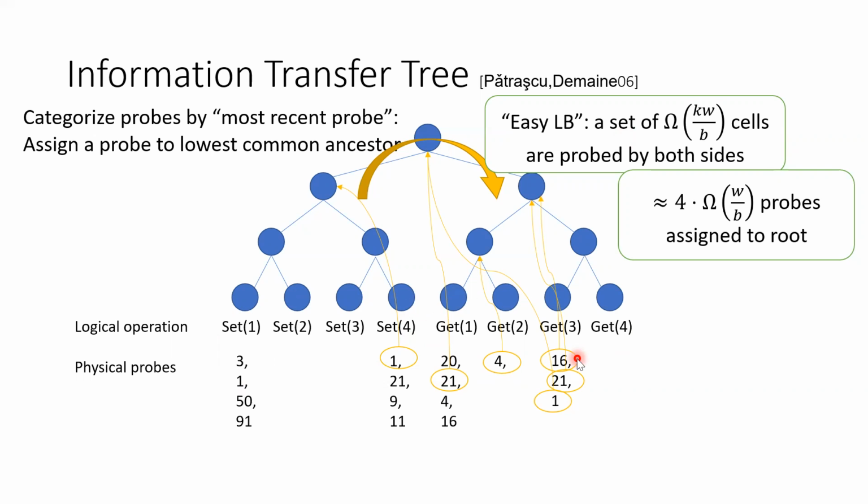Of course we also do some other assignments that are not assigned to the root node, but we will use them next. Here, focus on the root node. We already have a lower bound on the number of assignments assigned to the root node.